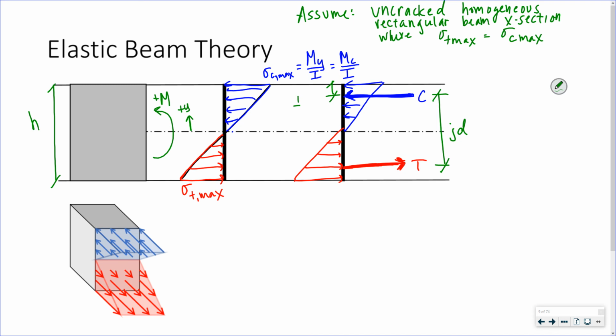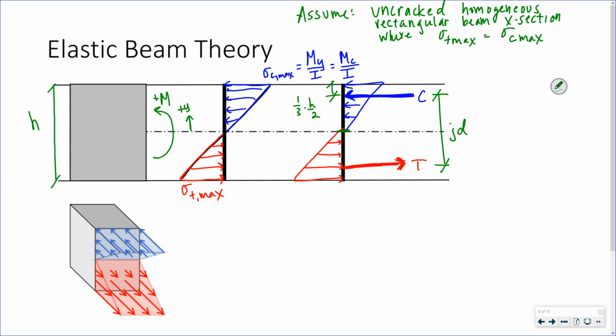The height of the cross section that is in compression is h over 2, and I know that that distance is 1/3 of it.